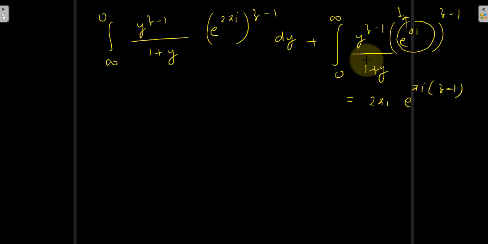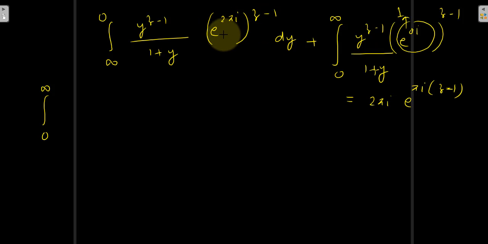Now what we can do here, suppose we do it 0 to infinity, we get a minus sign, right? And this integral is with respect to y, so you can take this term out.